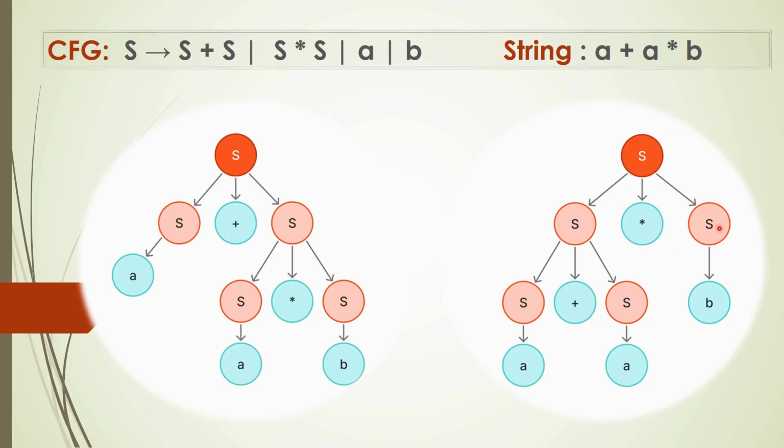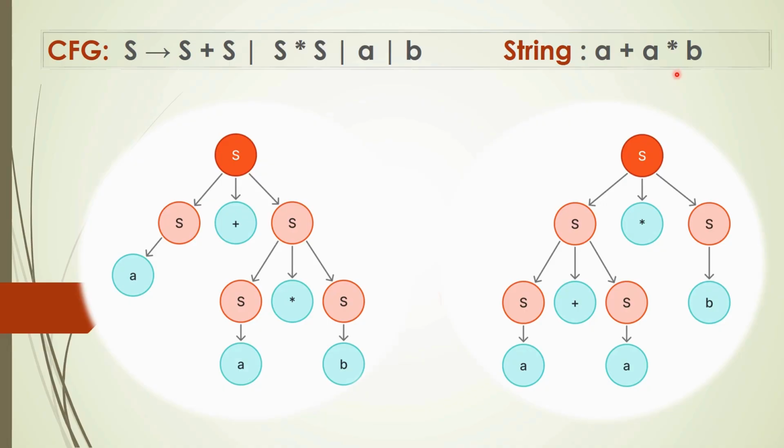On the right hand side S is substituted with b. Now you can see the generated string is a plus a multiplied by b. So from both of these parse trees the string a plus a multiplied by b is generated. It means this grammar is ambiguous.